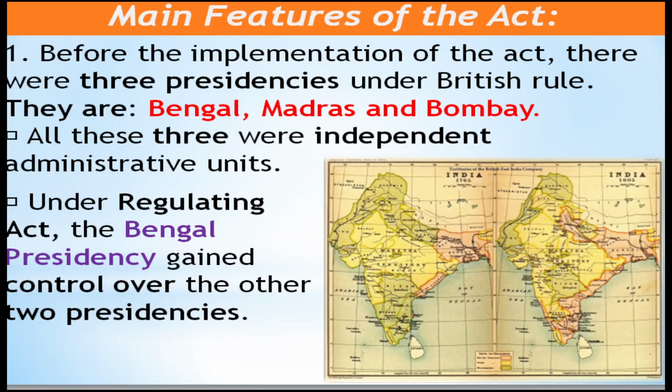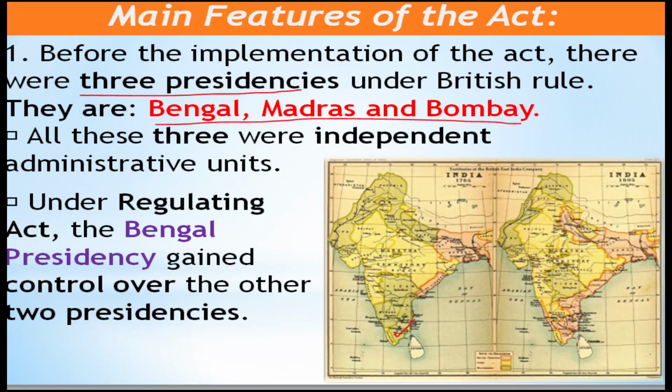Before implementation of this act, there were three presidencies of the British in India. Three presidencies: one is Bengal, one more is Madras, and one more is Bombay.